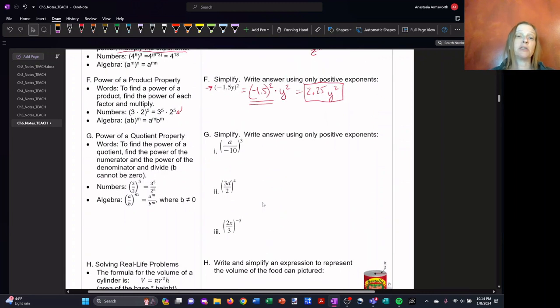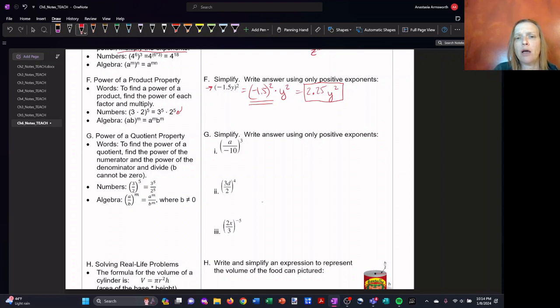Simplifying expressions using the power of a quotient property. Very similar to the power of a product property. Again, we're taking this exponent and applying it to each value in the division problem.